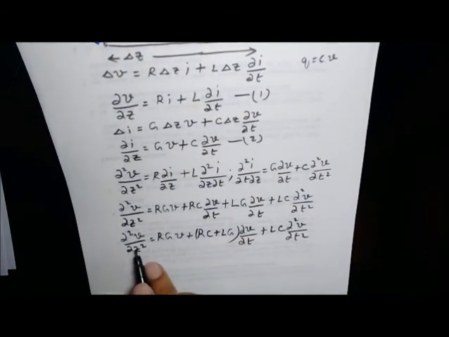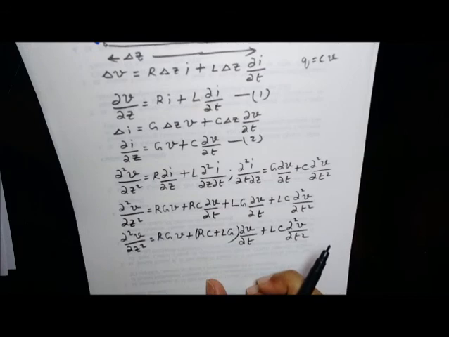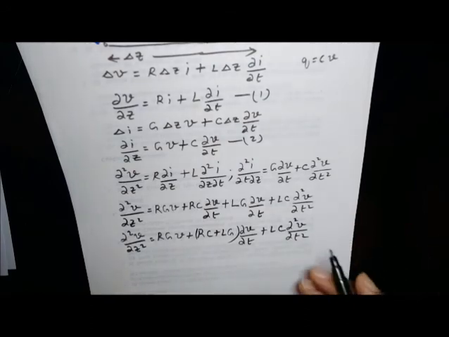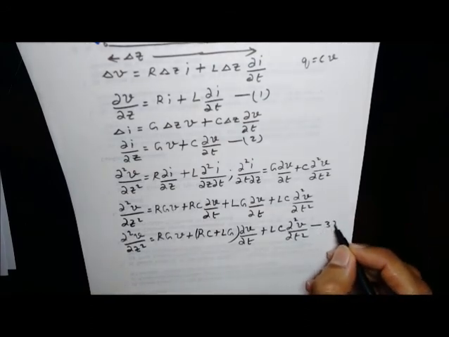So you can see that we have a differential equation now in V, that is the potential. If we solve this, we will know how the potential is distributed over the transmission line. We will proceed to the solution later. Meanwhile, let us call this equation 3.